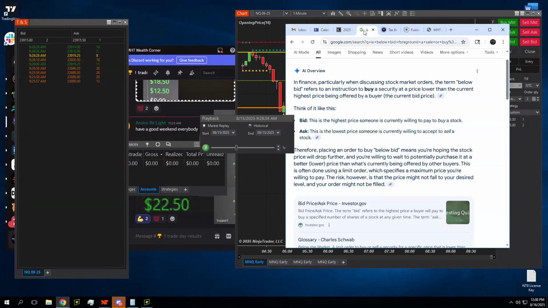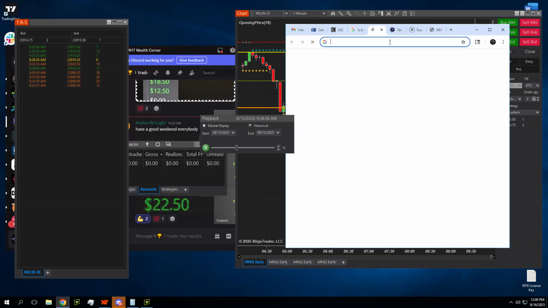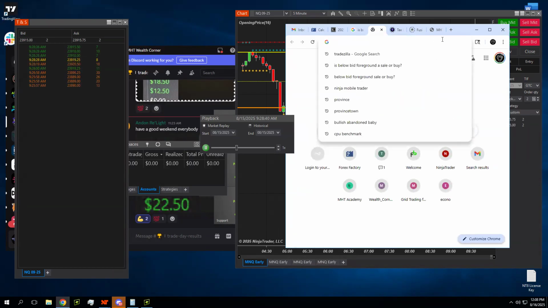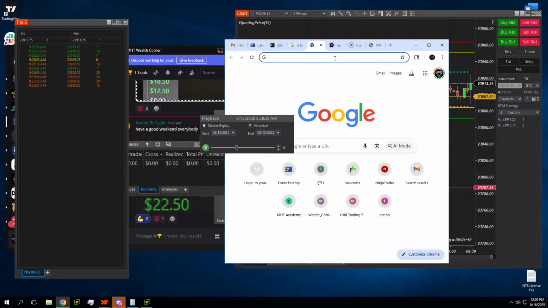But we can see real quick. Let me see. What other platform do you want to see if it's on? Like TradeLocker or something, or TradingView.